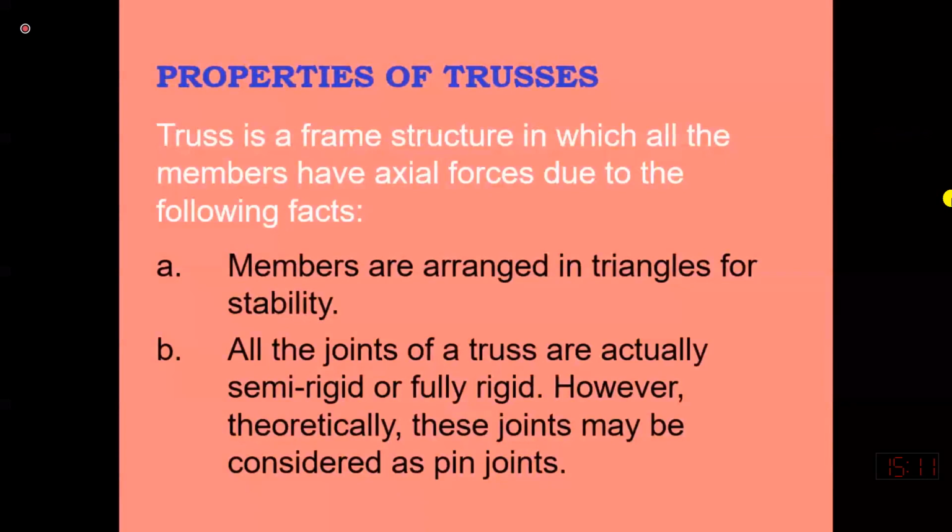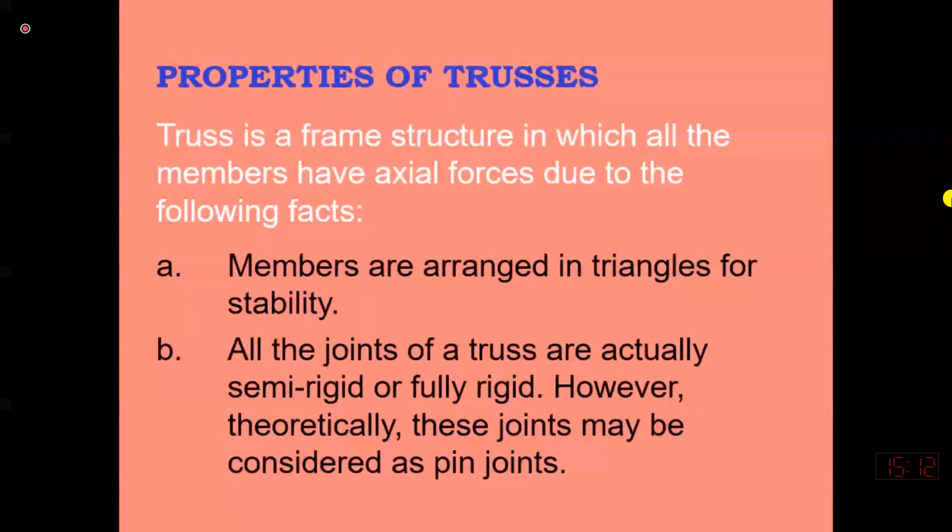In trusses also, the center lines of all the members meet at the same point at any joint. It means that we do not have any moment. If you take the summation of the moments at any joint, since the forces are passing through that center point, the moment will be equal to 0.